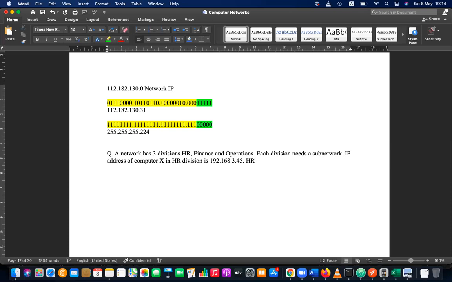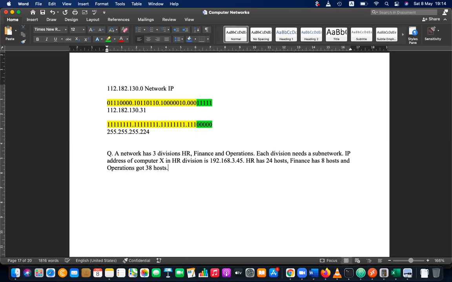HR has 34 hosts, sorry, 24 hosts. Finance has 8 hosts, and operations got 38 hosts.